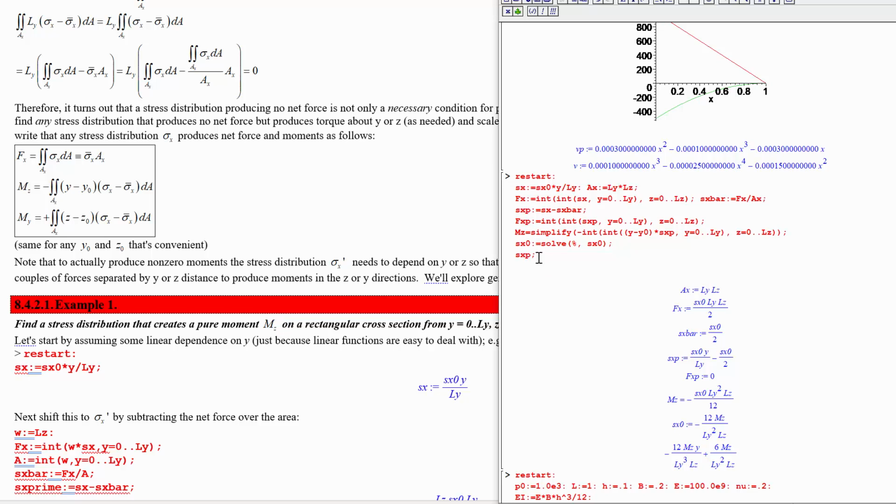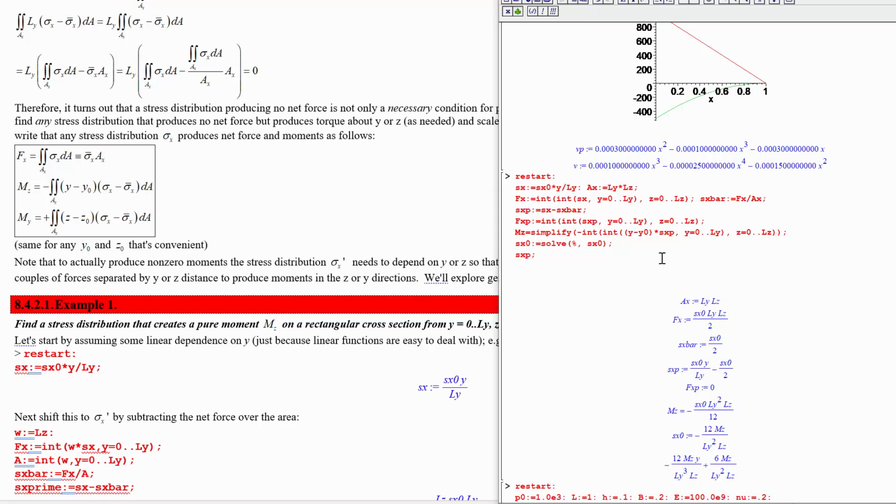As a check, we can again find out what moment is actually produced by this stress by simplifying negative the integral of y times sx, where y is 0 to Ly, and z is 0 to Lz.